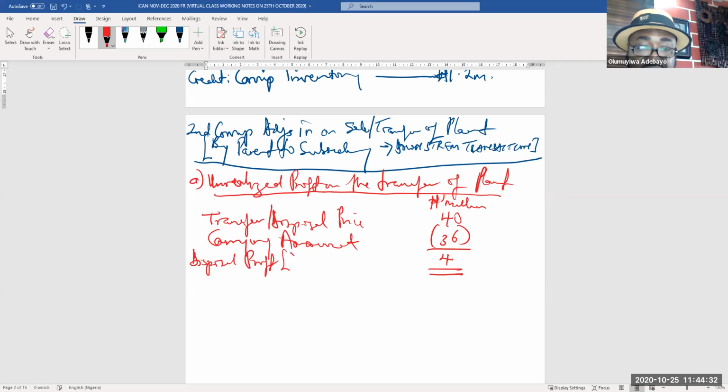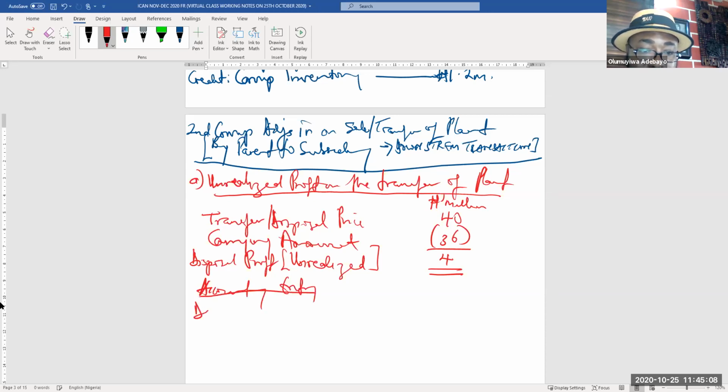And this profit on disposal is considered to be unrealized. Why is it unrealized? Because you are selling something to yourself. Even though as an individual entity you have made profit, when you come back to sleep in the same house as a family, you have not made profit because the money is still within that family, and therefore it is unrealized. It means the profit of the parent will have been overstated.